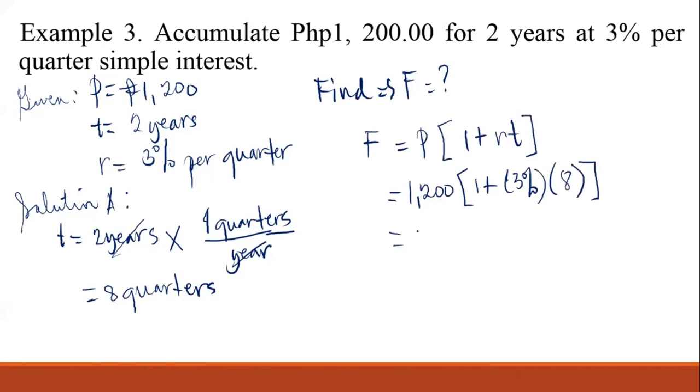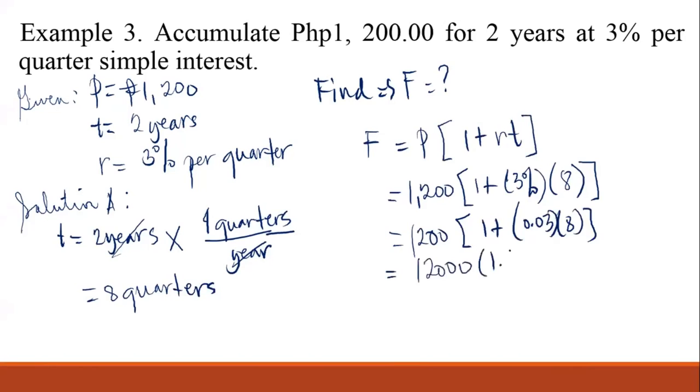Next, unahin yung mga nasa loob. 1 plus 0.03 times 8. Okay? So this is 1,200 times 1.24. So yung nasa loob is equal to 1.24.